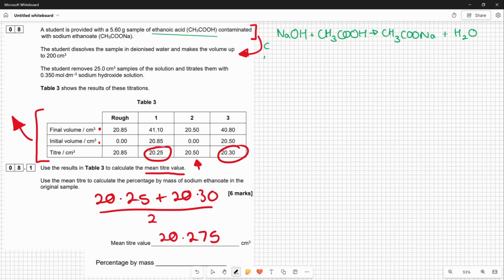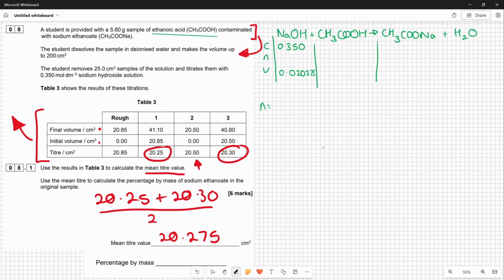Let's write our concentration, our moles, and our volume table. So our concentration of sodium hydroxide is 0.35. Our volume is our mean titer, which is 0.020275. And that is in decimeters cubed, so we just divide this by 1000.